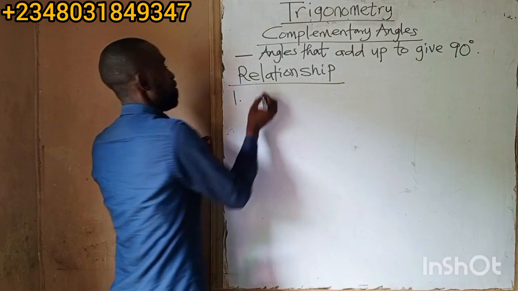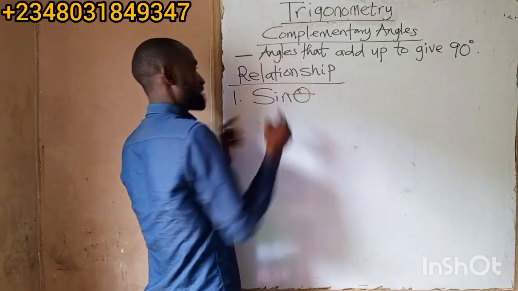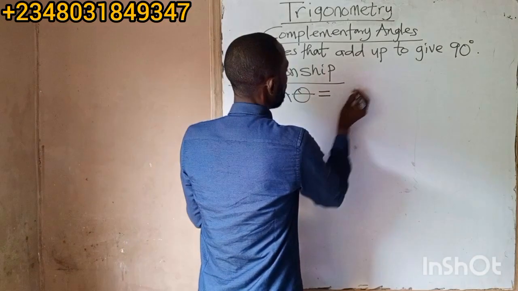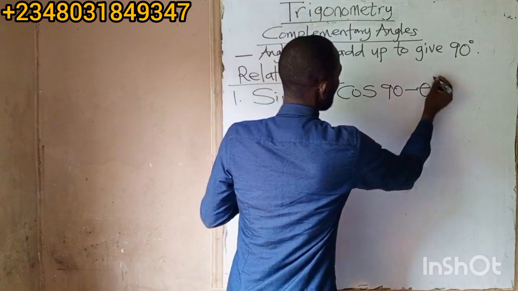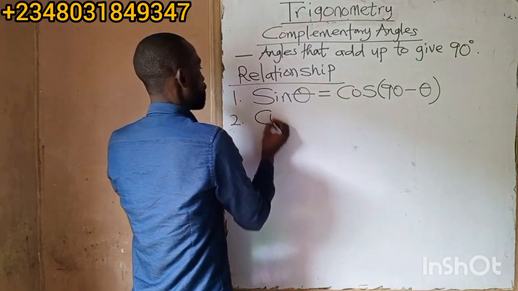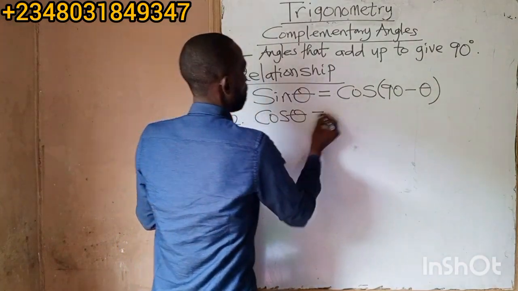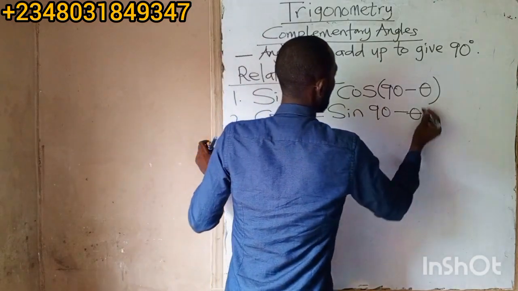What's the first one? For every sine something, so for sine theta, we must have cos of 90 minus theta. Second one, for every cos something, we must have sine of 90 minus that thing.